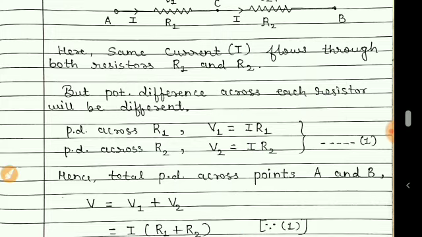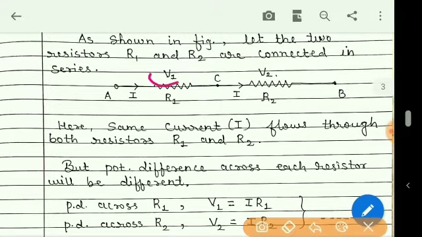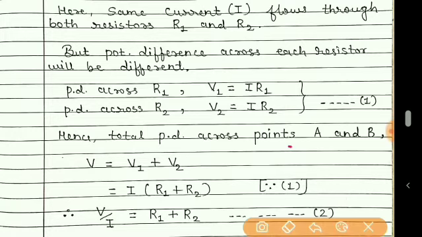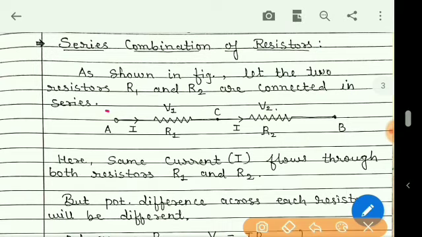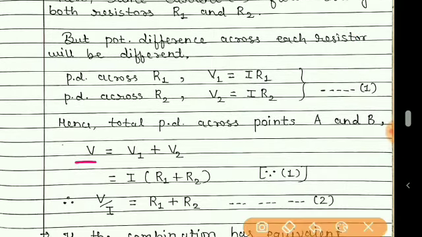Now if we add the potential drop across each resistor, that is V1 and V2, then we will get the total potential across points A and B, these endpoints. The potential across A and B is the summation of the potential across each resistor, and so the total potential difference V = V1 + V2.